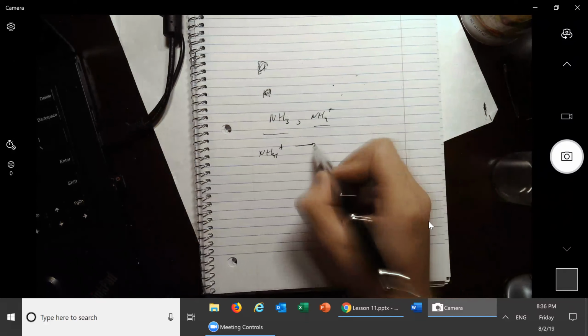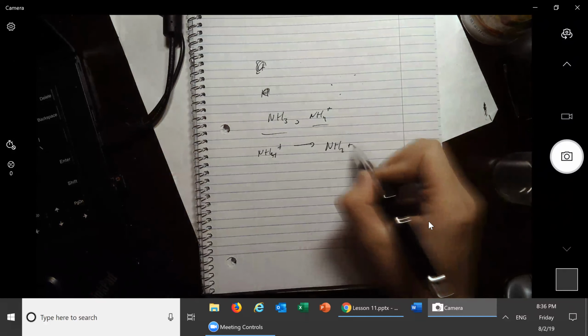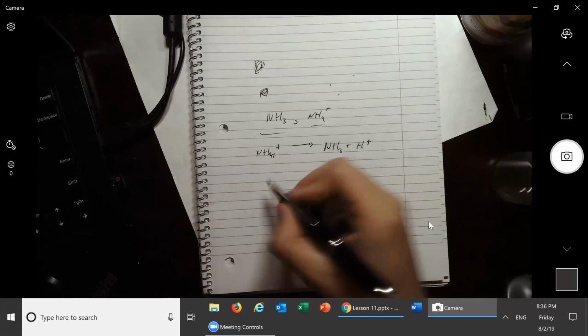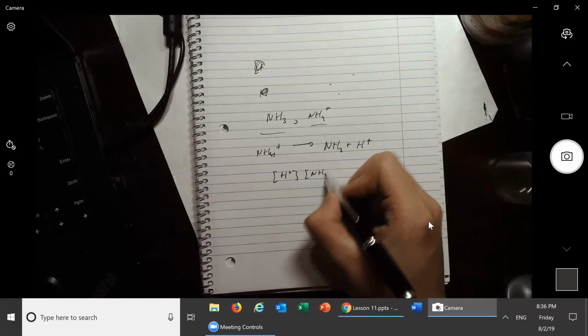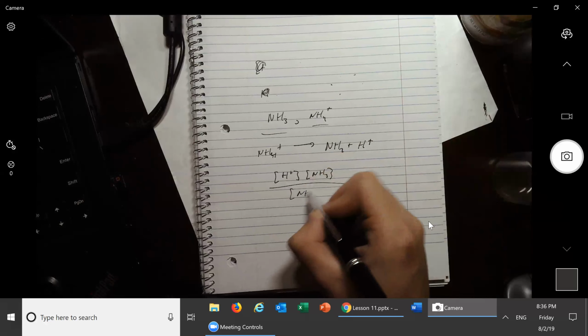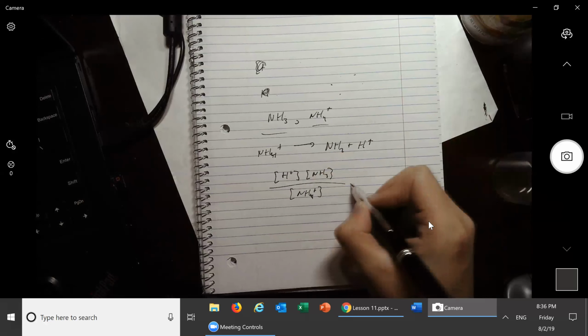So let me write down the reaction. This tells us that H plus times NH3 divided by NH4 plus equals some constant.